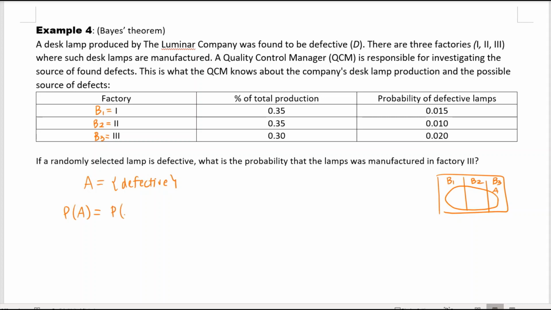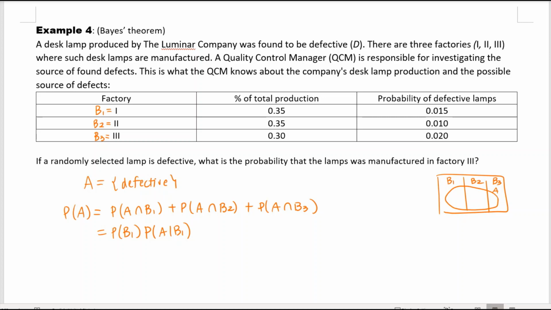Okay, so it's P of A and B1 plus P of A and B2 plus P of A and B3. Alright, so the first one is P of B1 times P of A given B1. Remember the multiplication rule? We can also call it the reference rule. By the way, this name was just made up by me.